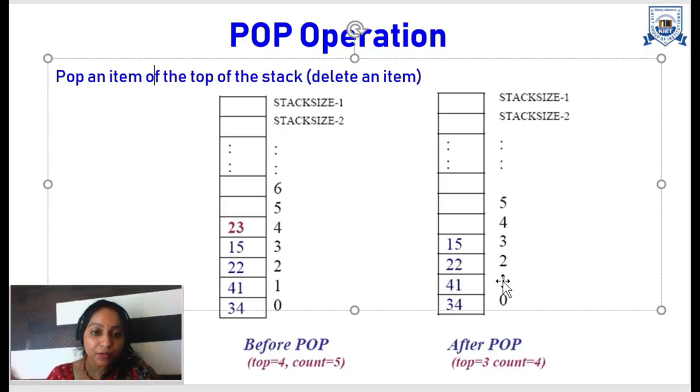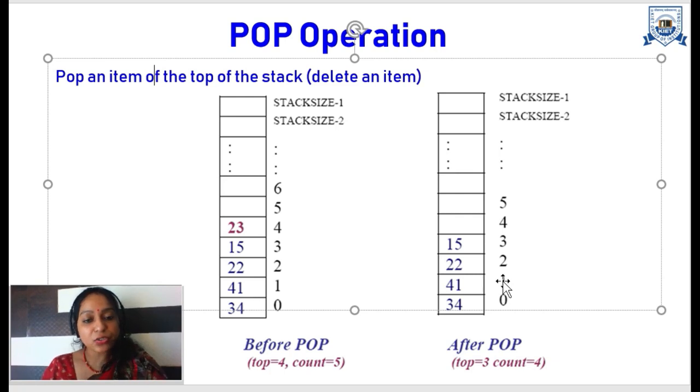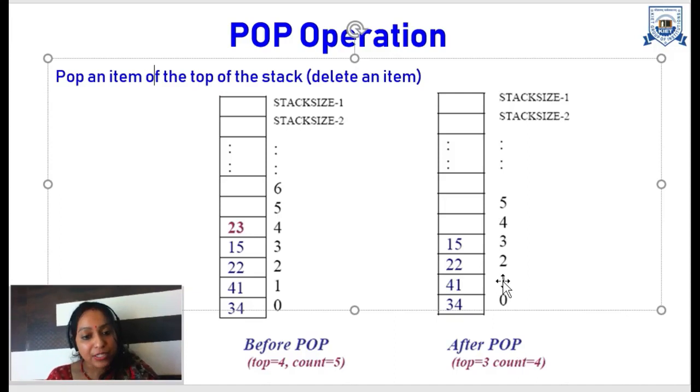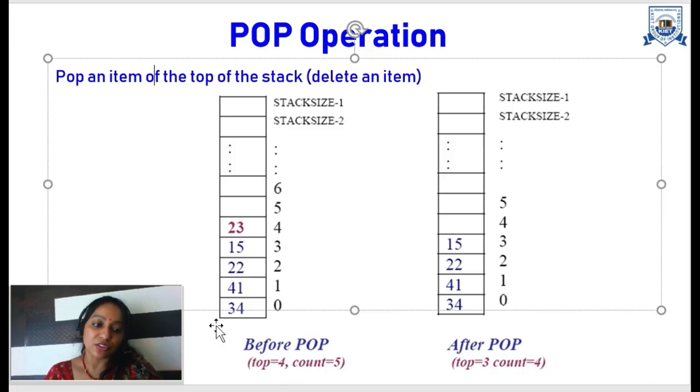We can also say that stack is a data structure which has only one end, and that particular end is called top. Stack has two primitive operations, that are push operation and pop operation. Push operation is inserting an element in the stack. Pop operation is deleting an element from the stack. Okay, so this is the stack data structure.